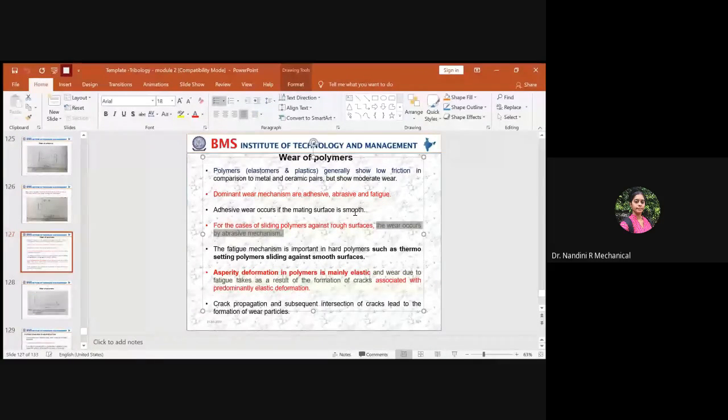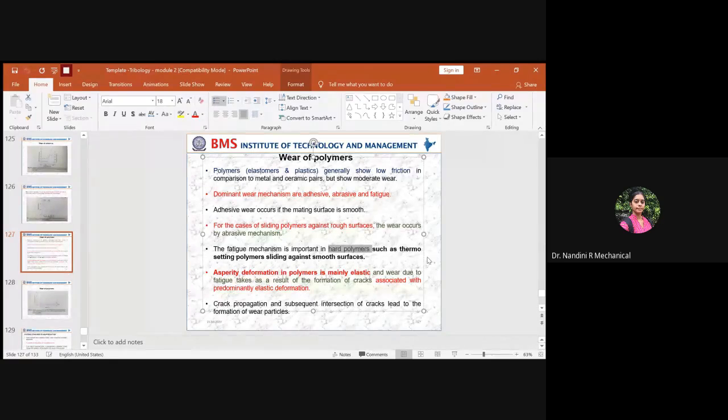So depending upon the surface, the type of wear we get will vary. You should be aware of when an adhesive type of wear comes and when an abrasive type of wear comes. And the fatigue mechanism is also an important thing which comes into picture when you are using hard polymers, such as thermosetting polymers, sliding against a smooth surface.